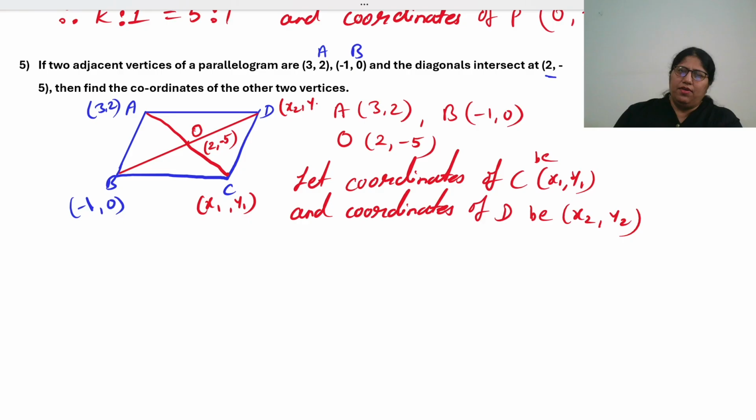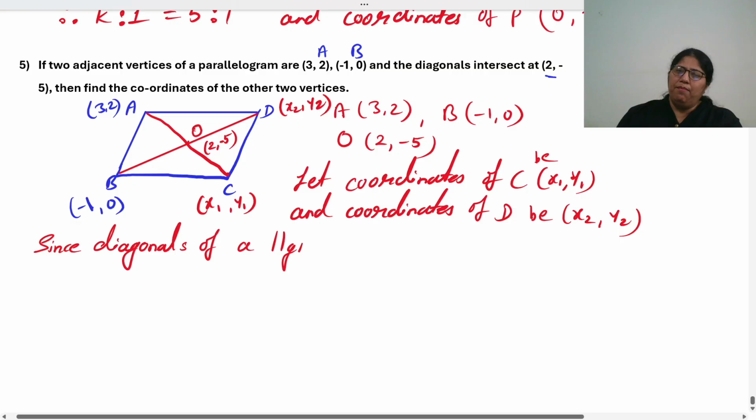Now if you try to use the distance formula, because you always remember this is a parallelogram, there are 4 unknown values, x1, y1, x2, y2, so we won't be able to do it. What we will do is use the fact that the diagonals of a parallelogram bisect each other.